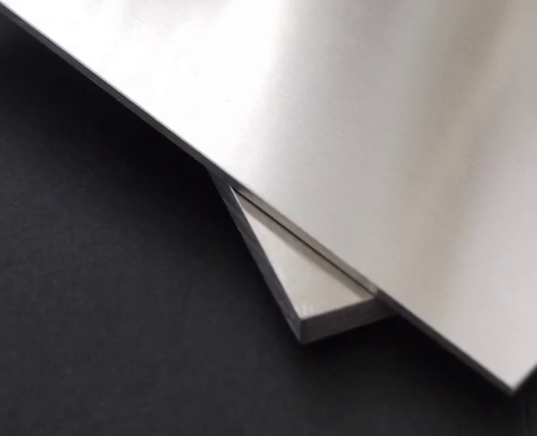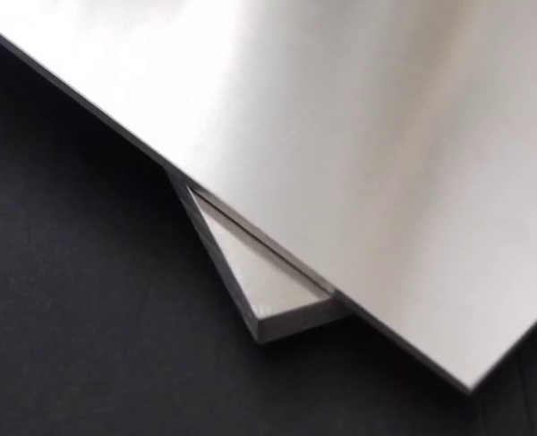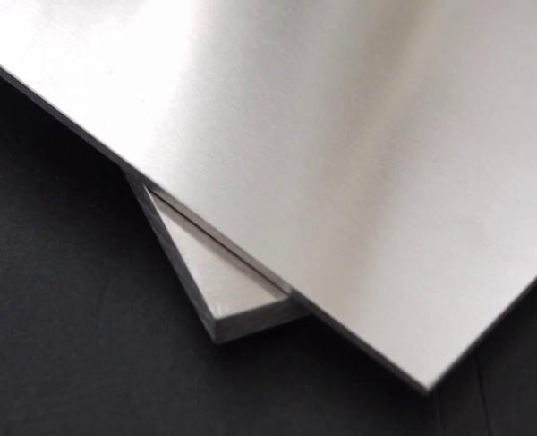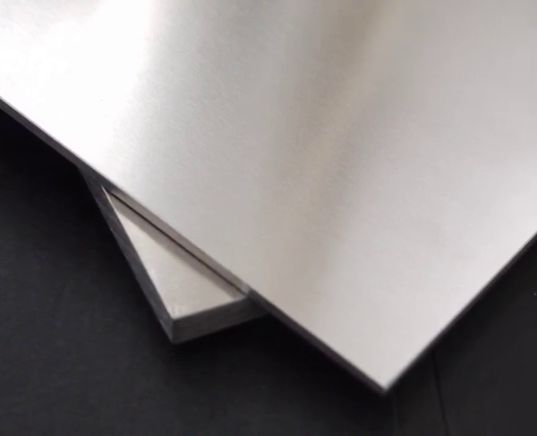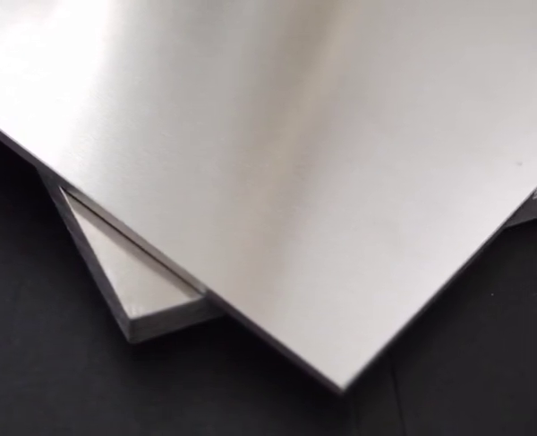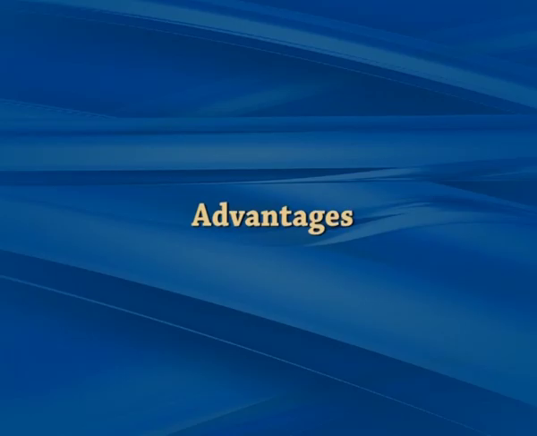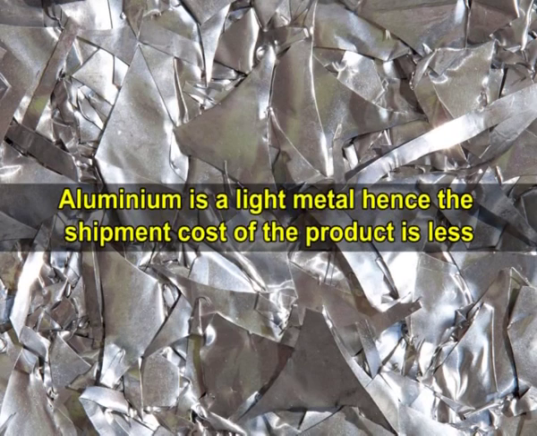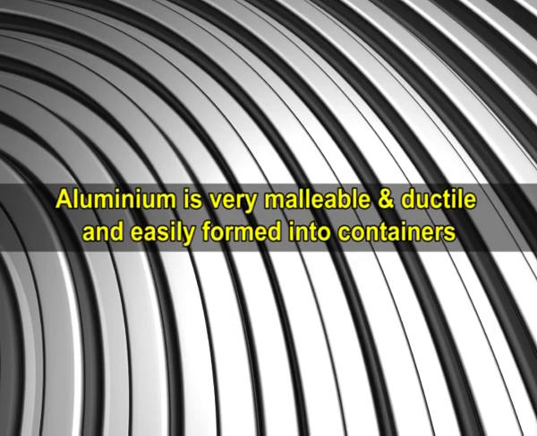Aluminium. Aluminium sheet is used for drawn or formed one-piece container bodies and also in the fabrication of multi-piece built-up containers. Advantages. Number 1. Aluminium is a light metal, hence the shipment cost of the product is less. Number 2. Aluminium is very malleable and ductile and easily formed into containers.